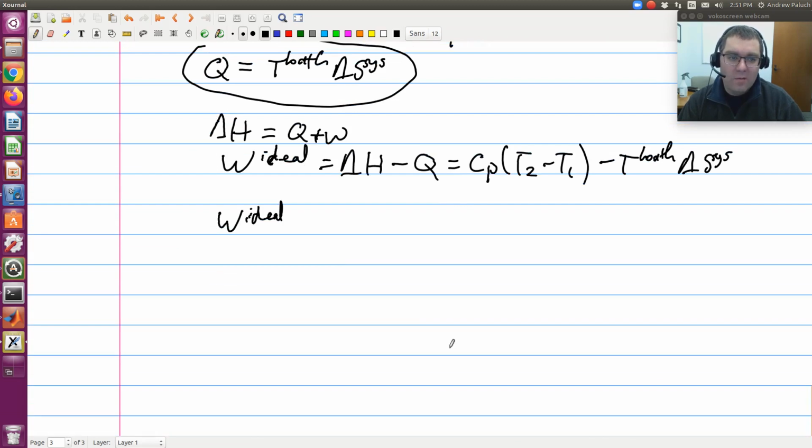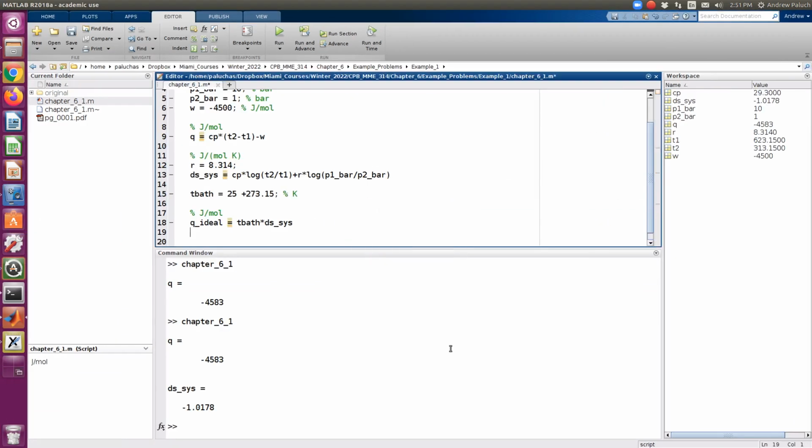And then once we have Q ideal, W ideal was equal to Cp times T2 minus T1, minus Q ideal since we just computed it.